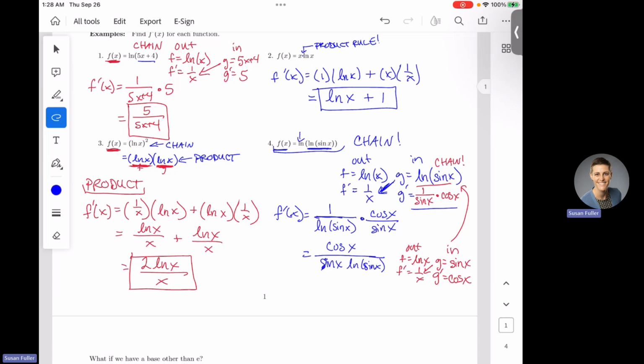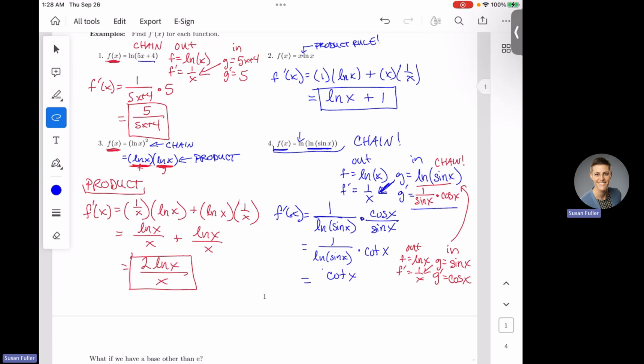Sine x. I guess we could simplify it a little bit, actually. Instead of two trig functions, we could write this in terms of just one, right? Cosine over sine, that's just cotangent, right? Cosine divided by sine, that's cotangent of x. And so I can just write this with fewer terms.